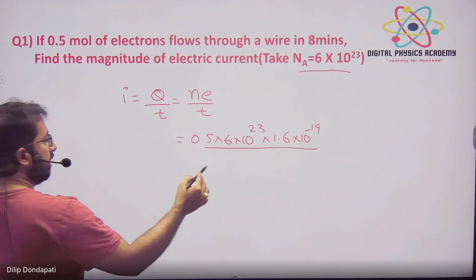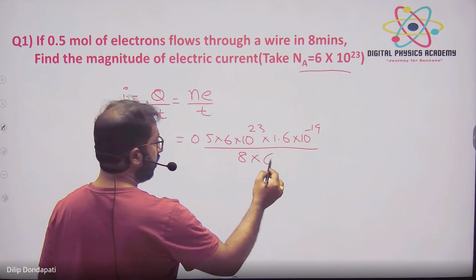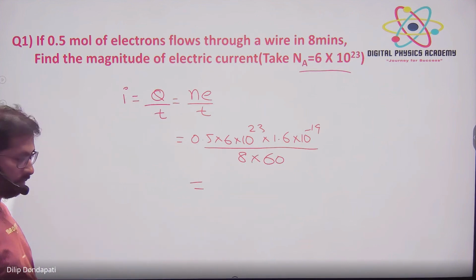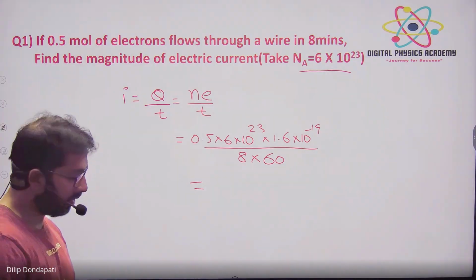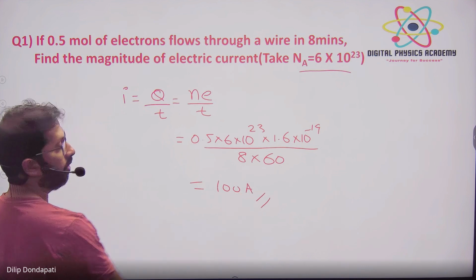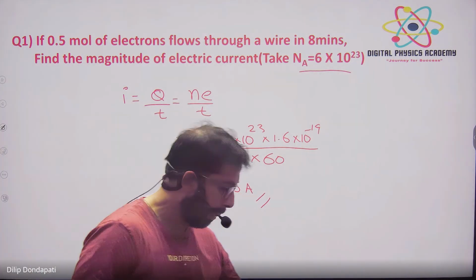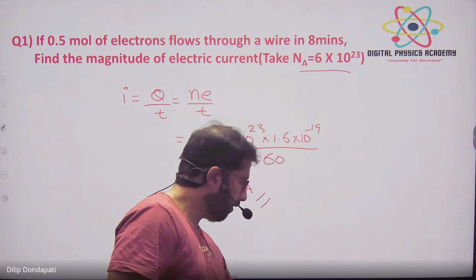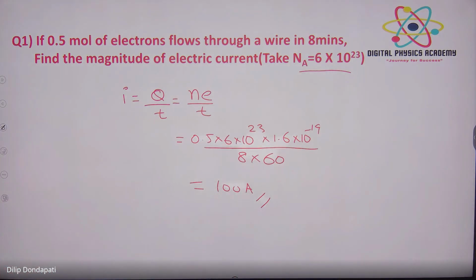Time should always be in seconds, so 8 into 60. Solve and find the answer. 100 amperes. Yes, correct. 100 amperes is the answer. So I equal to Q by T is the formula.